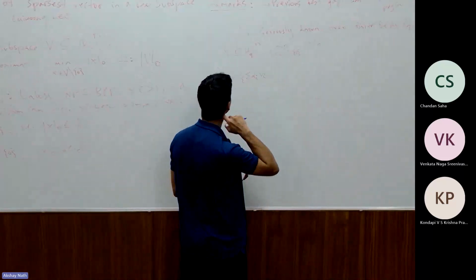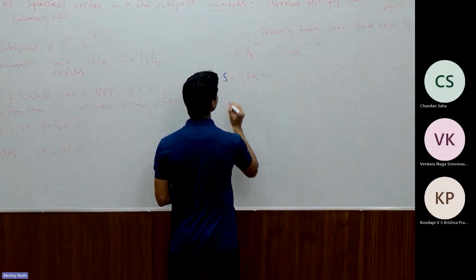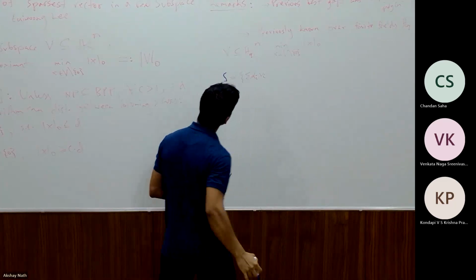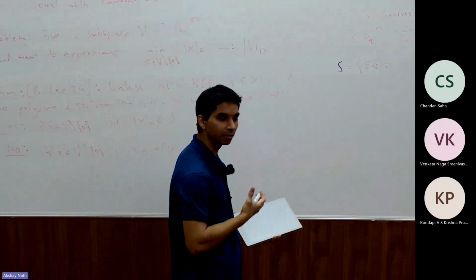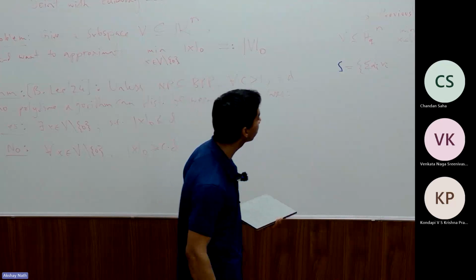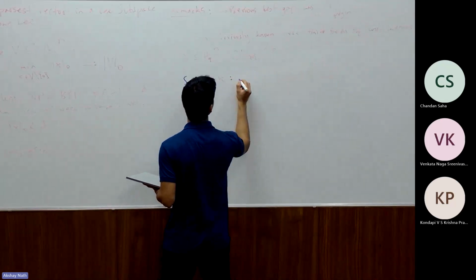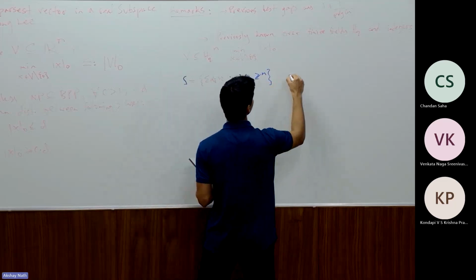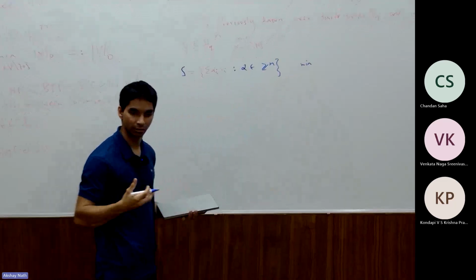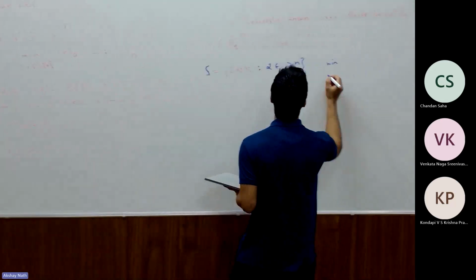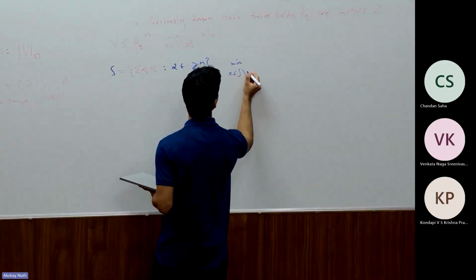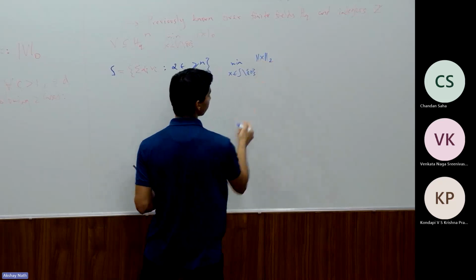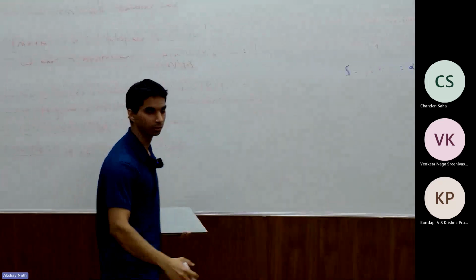The analogous problem that has been studied over the integers is you look at a lattice. What is a lattice? It's the set of integer linear combinations of a set of vectors, summation alpha_i v_i such that alpha is in Z to the n. And you study the minimum length of a non-zero vector in this lattice, so x belongs to S minus 0, the L2 norm or Lp norm or any number of other norms.